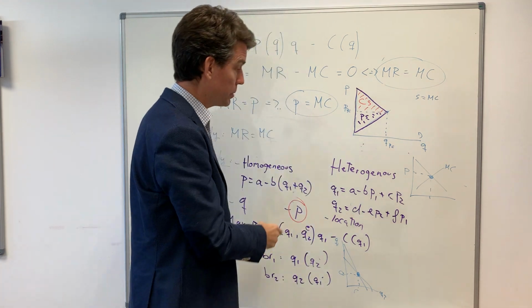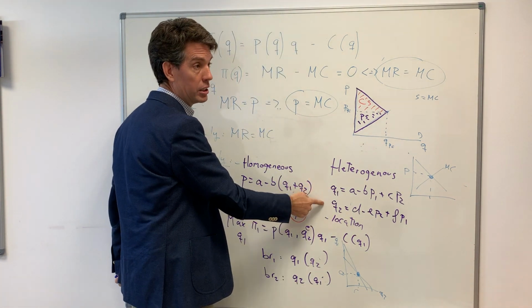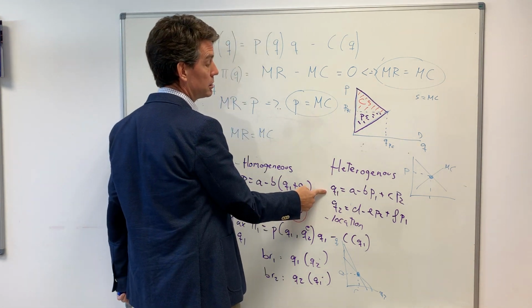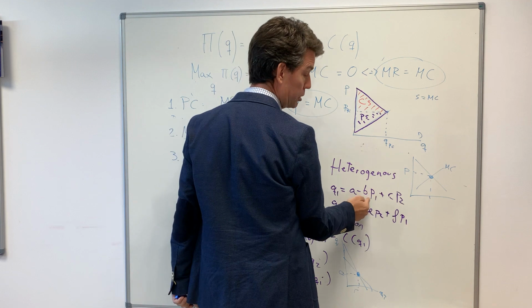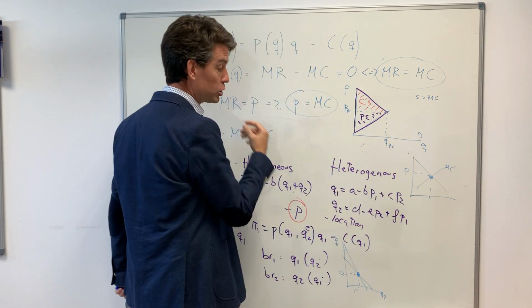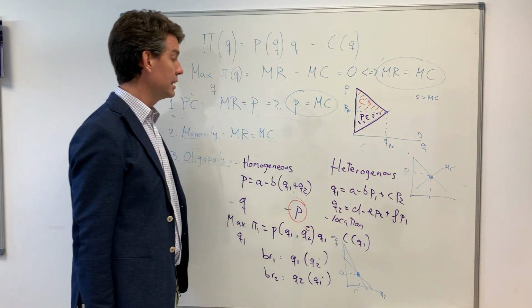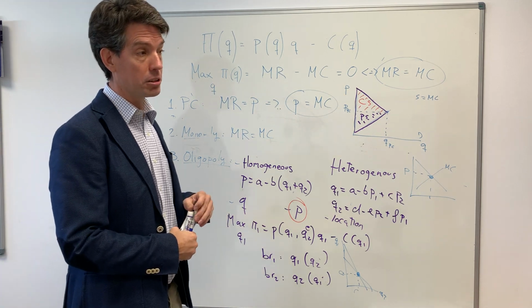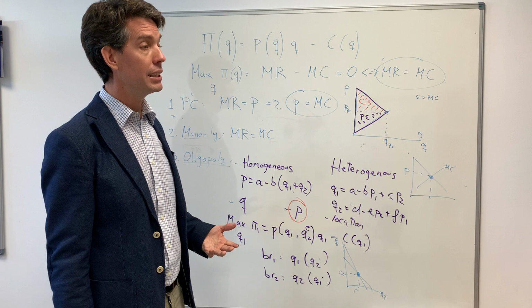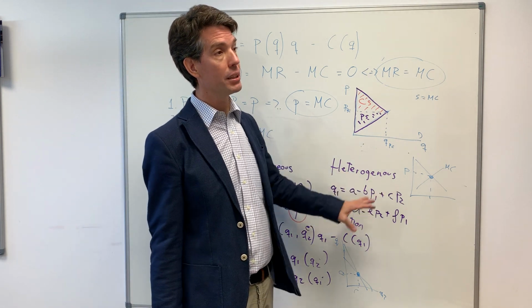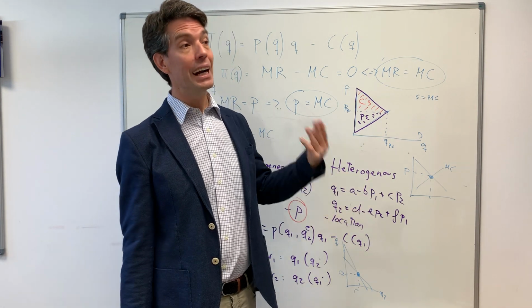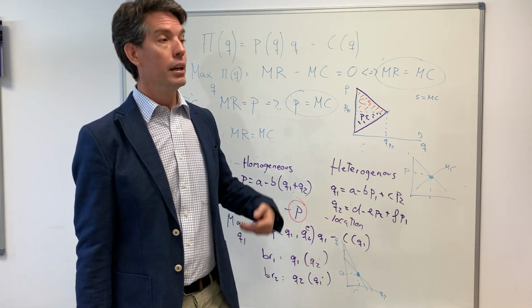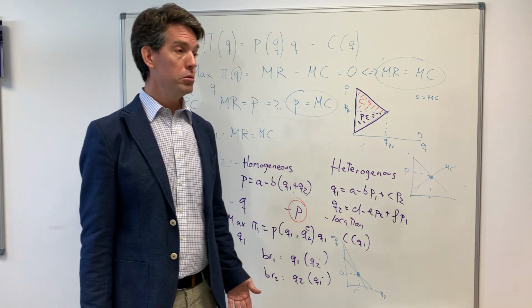However, it could also be that the product is heterogeneous, in which case what you have to do is realize that how many units you produce depends on your price, but also on the price of the rival. So what you do when you have two demands is you solve exactly the same exercise either in quantities or in prices. If you decide quantities, you have to express everything in terms of Q1 and Q2, and you take the derivatives for company 1 with respect to Q1 and for company 2 with respect to Q2, right?